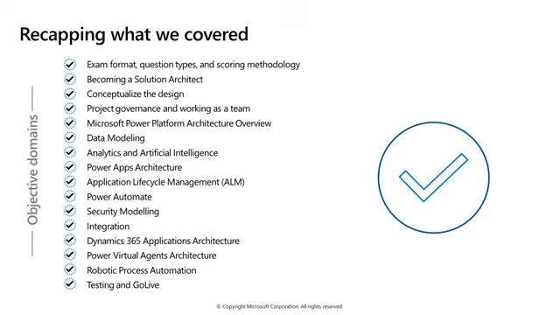We talked about Power Automate, security modeling, integration, Dynamics 365 application architecture, and of course, the Power Virtual Agent architecture, robotic process automation, the RPA, and testing and go live. And right at the end, we covered tips useful for the exam.